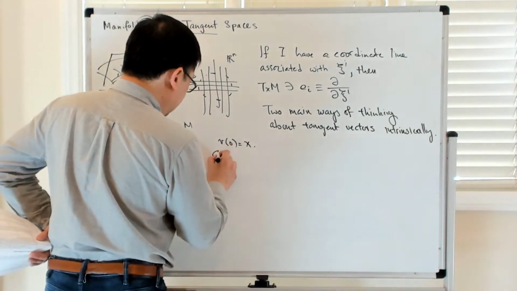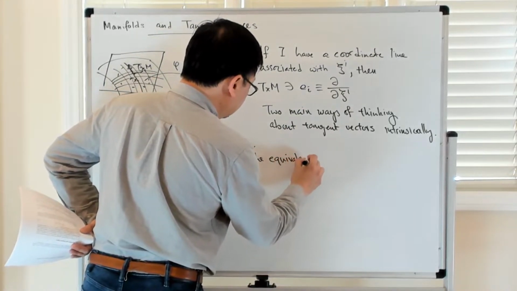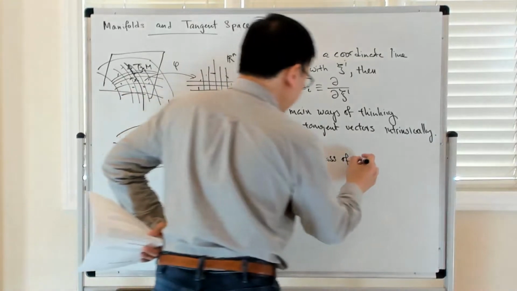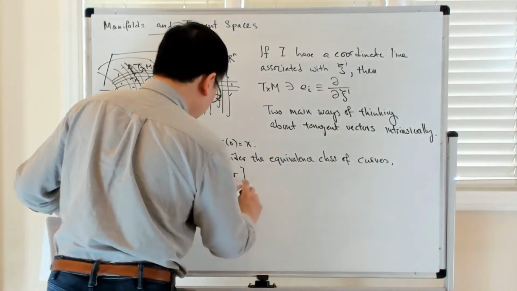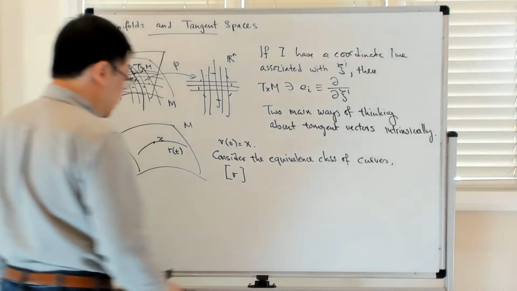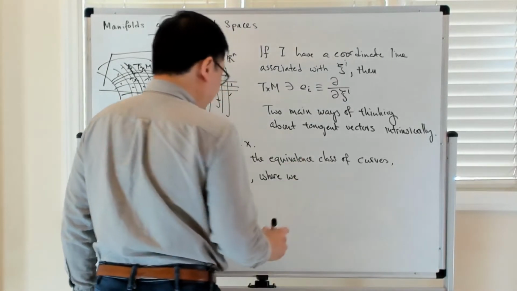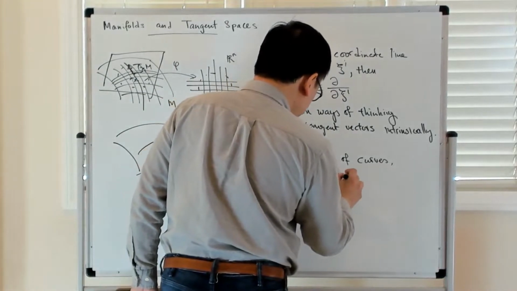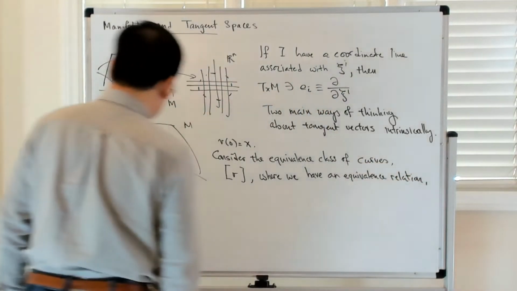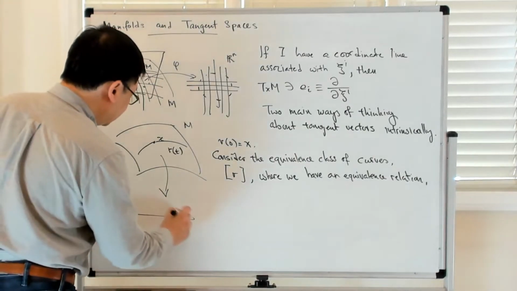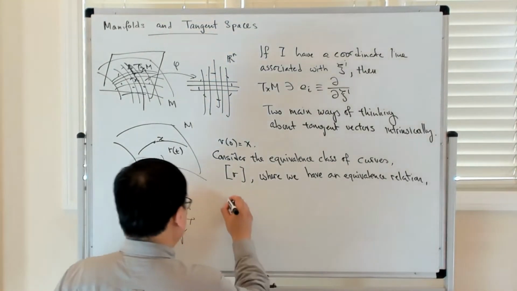And then we can consider the equivalence class, which I denote by these square brackets around R. Here we have an equivalence relation, which says that you have R of t, and then you have this coordinate chart.